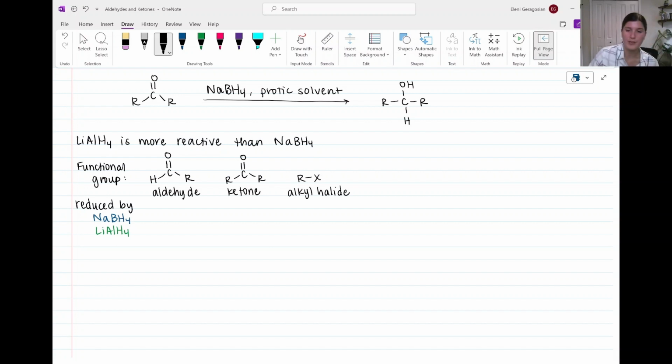So an alkyl group bonded to a halogen, and if that's getting reduced, the halogen is being replaced by a hydrogen. Ester is another carbonyl containing functional group where the carbon's bonded to an oxygen and another R group. And then carboxylic acid we've seen before.